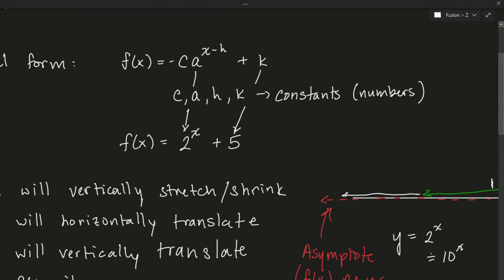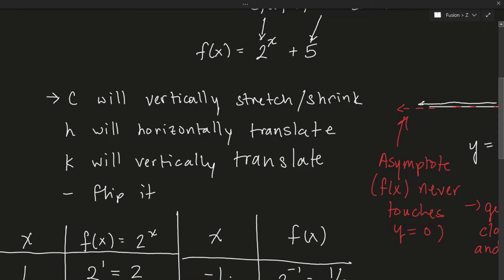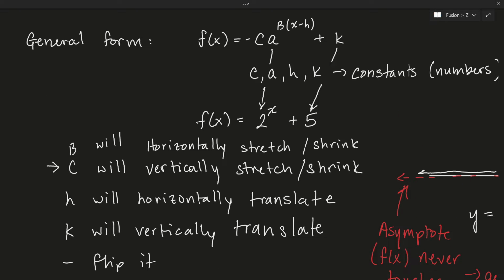Also, there could be one up here. I didn't write it, but let's say b x minus h. That b will horizontally stretch or shrink. Also, if there's a negative on either the c or the b, that'll flip it.